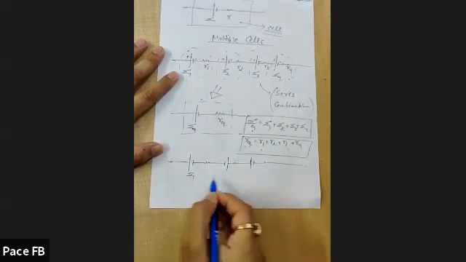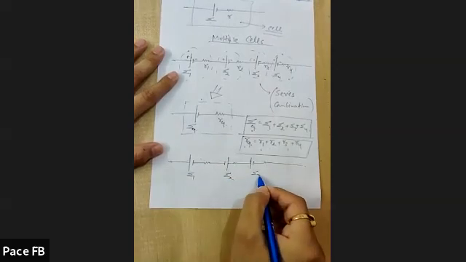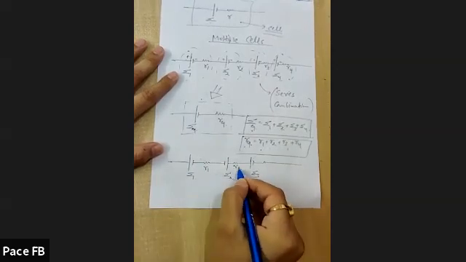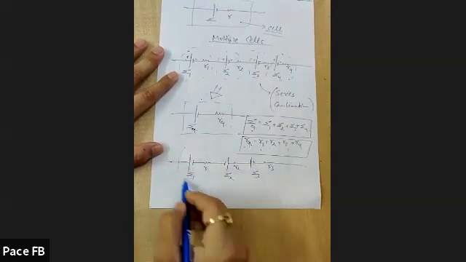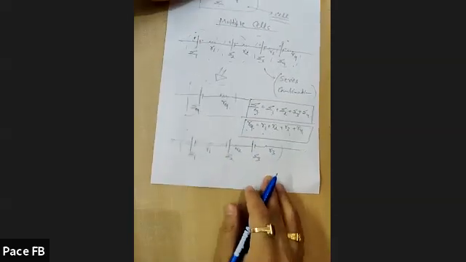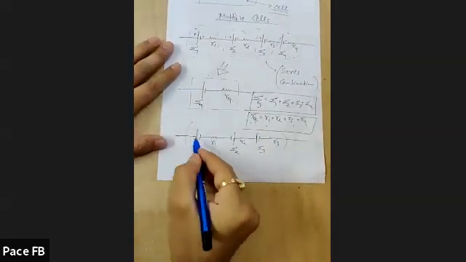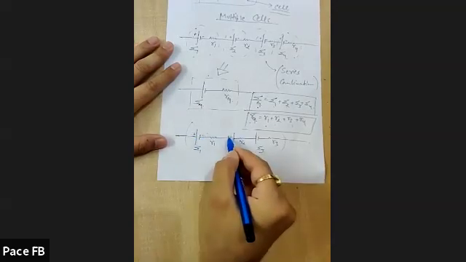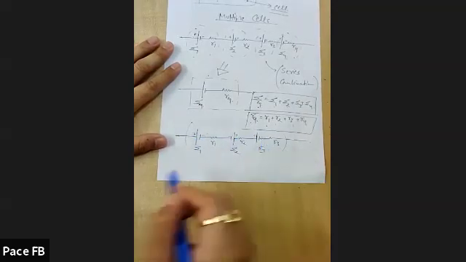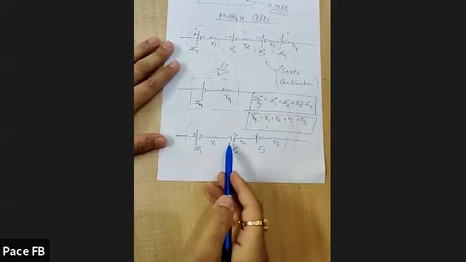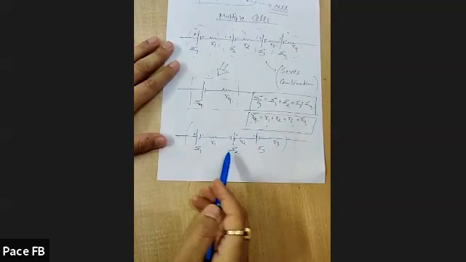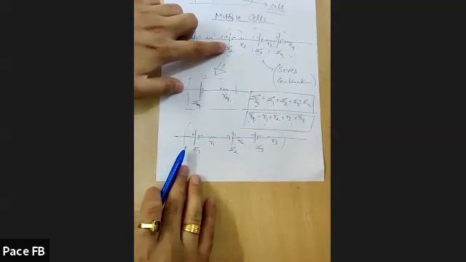Let's say E1, E2, E3, and this is R1, R2, R3. If three cells are connected like this, now see the sequence: positive, negative, then negative, positive, and positive, negative. So what you will do now, basically the polarity of E2 is reversed if we compare it to the first case.